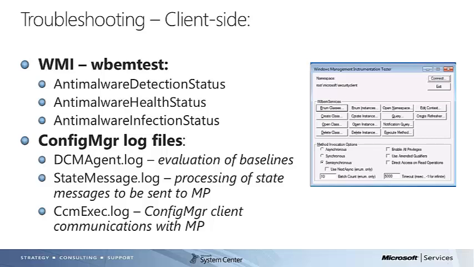That basically shows all communications between the Config Manager client and the Config Manager management point. If the communications between the client and the management point are broken, then there will be no flow of information between the two. So if that's broken, then of course we would want to make sure that we engage the Config Manager team to help us in that situation.